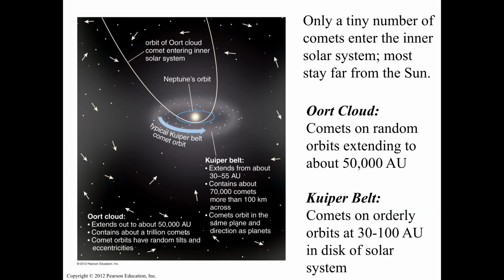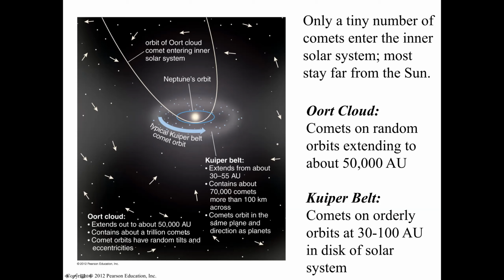If you zoom even further out, you end up with this spherical distribution of icy materials, which we call the Oort cloud. So this is the Kuiper Belt, and this is the orbit of Neptune, okay? They're right after the orbit of Neptune, and in fact, Pluto is one of these objects in the Kuiper Belt.